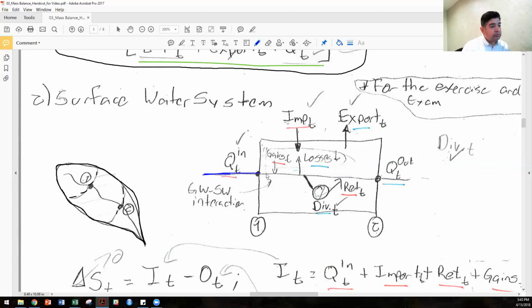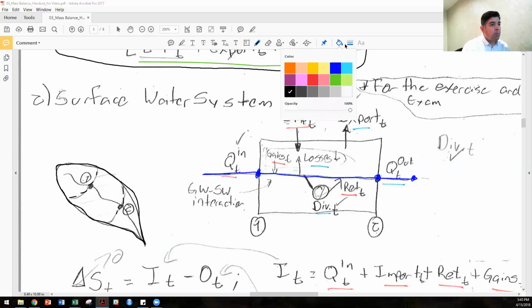So the river is running and it's going this way, okay? Within this river, we have a gauge here, and we have another gauge here, okay? Here we have two gauges.